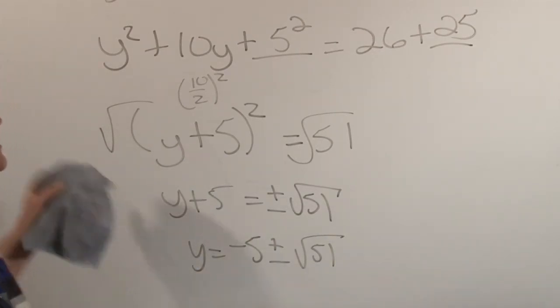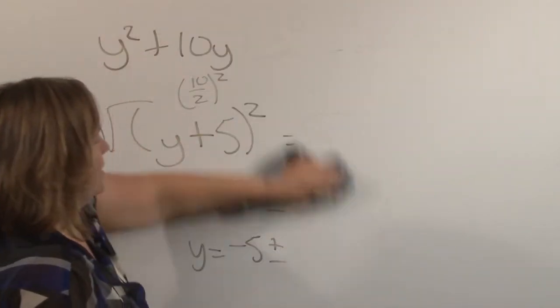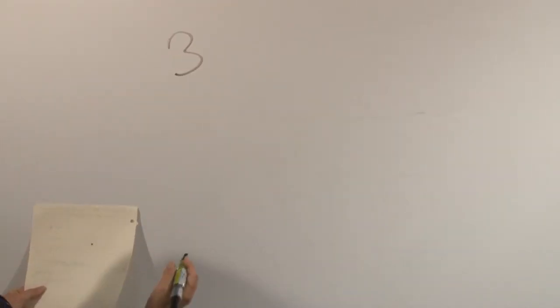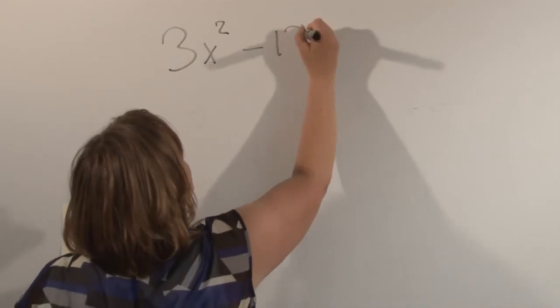There's one more case that makes this a little bit harder. And that is what happens when we have a coefficient other than 1 in front of our x squared term. Completing the square only works when our coefficient is 1.